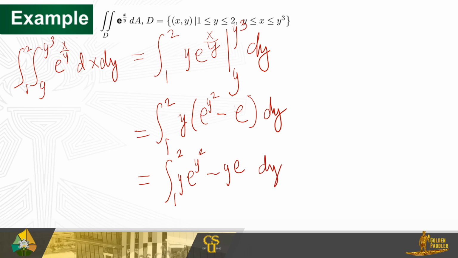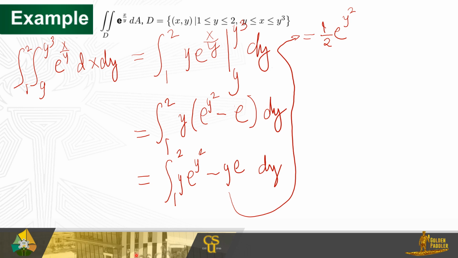Okay. So ito, ang integral ng y e to the y square, alam naman natin pag i-let u natin yung y square, magiging 2y dy, so dapat meron siyang 1/2. So we have 1/2 of e to the power of y square, kasi yung derivative ng y square is 2y, so magka-cancel yung 1/2 at 2. So y na lang yung matitira.